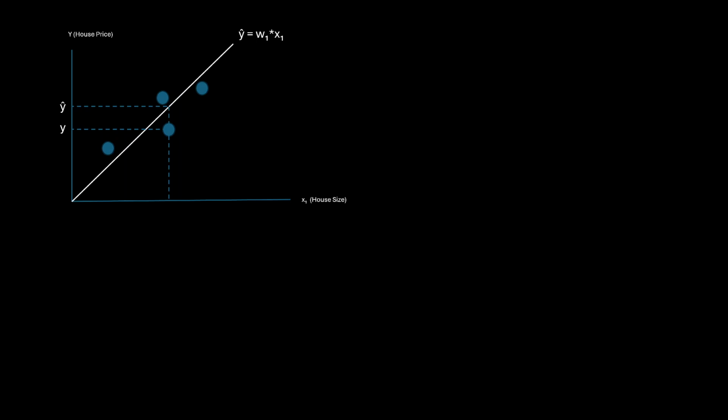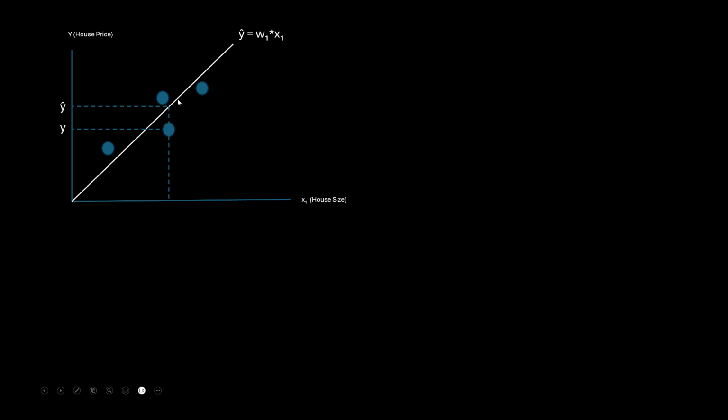So let's just take this data point as an example. This data point has the coordinate y, which is the actual value for the house price for a given house size.